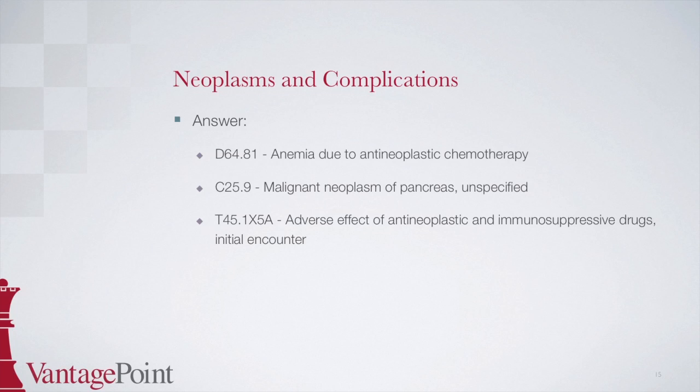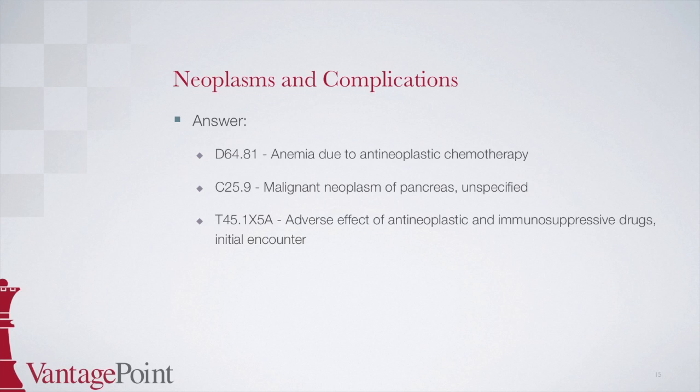The final code required by the guidelines is the adverse effect code of T45.1X5A. In order to find this code, you must go to the Table of Drugs and Chemicals in Volume 2 of your ICD-10 book, which starts on page 339 of the Optum 2015 ICD-10-CM Expert for Physicians.